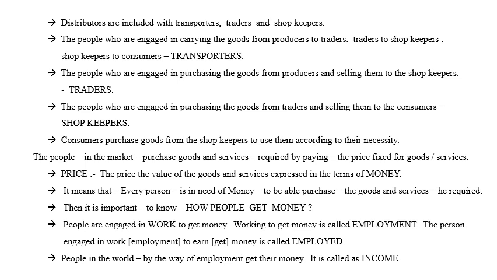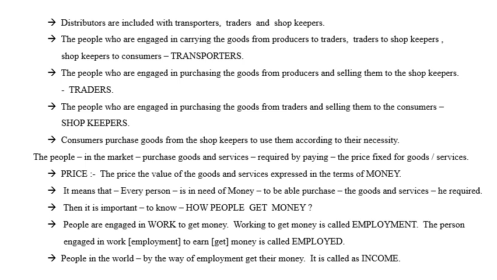The trader purchased the pen from the producer, and the pen is produced in a different place, and that pen was brought to the shopkeeper through the transporters. In this way, consumers purchase goods from the shopkeepers and use those goods for their need and necessity. This is called a particular system of economics.